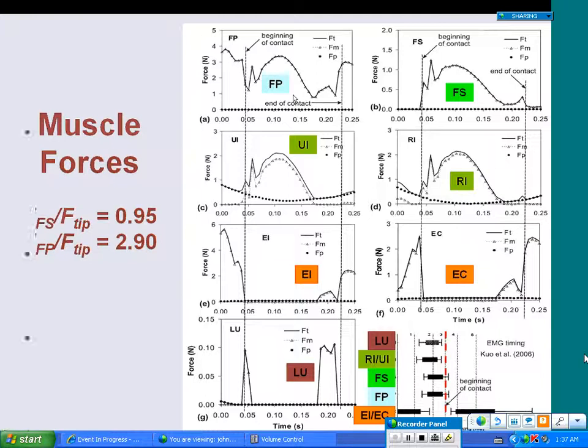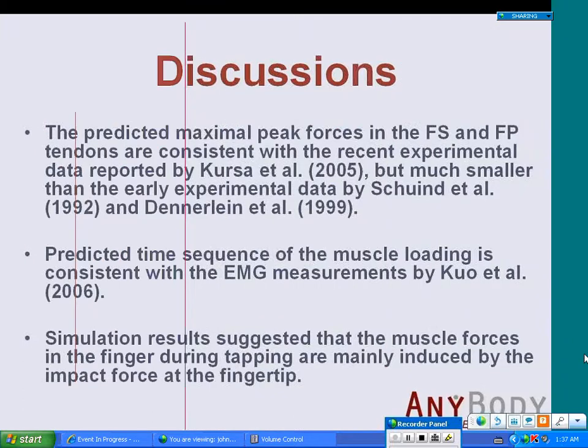So, discussion. In this study, we predicted the maximal peak force and stress on FT tendons are consistent with recent experimental data published by Kreuzer 2005, but much smaller than early experimental data published by Hewing 92 and Denali in 1999. The predicted time sequence of muscle loading is consistent with EMG measurements in the recent paper in Core 2006.